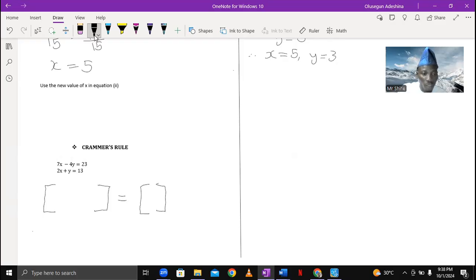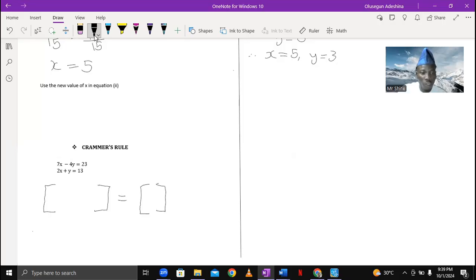Now, in the first equation, the coefficient of x is 7 and the coefficient of y is -4. In the second equation, the coefficient of x is 2 while the coefficient of y is +1.